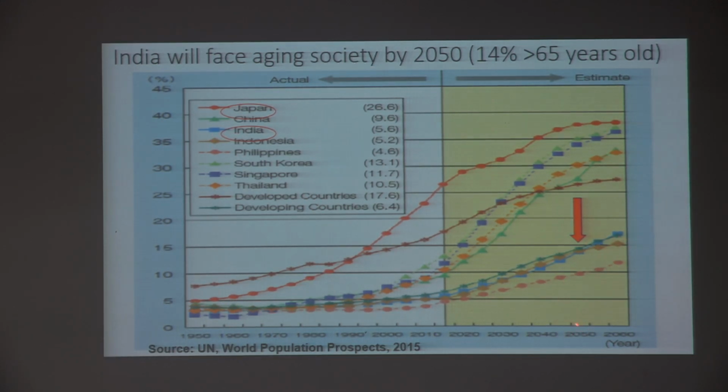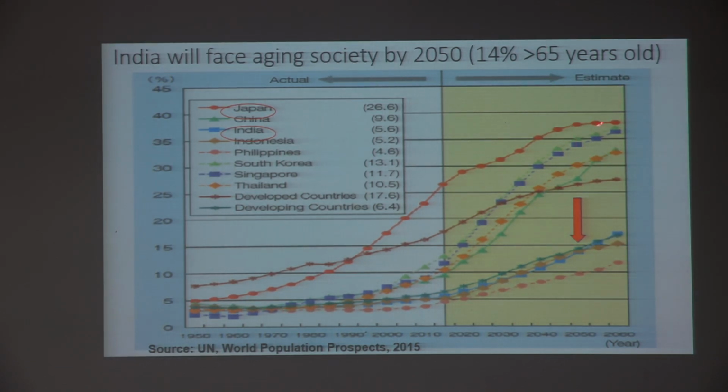This shows that by 2050, the percentage of Indian people over 65 becomes 15%. By definition, if it is 14% or over, it's called an aged society. So India becomes an aged society by 2050.